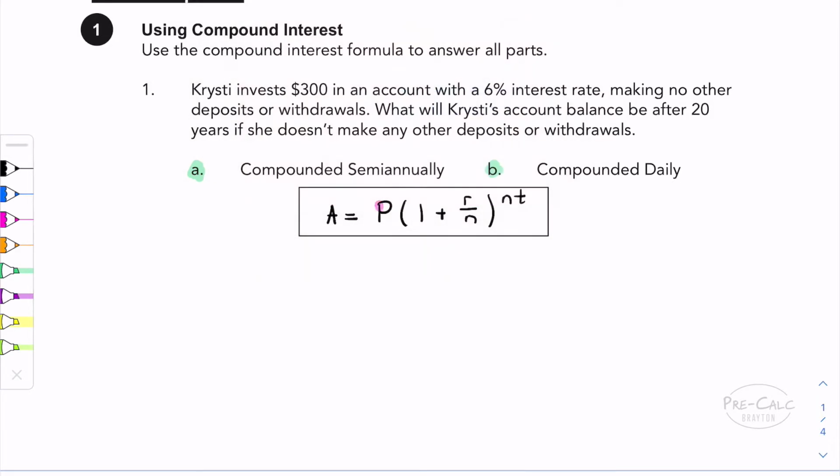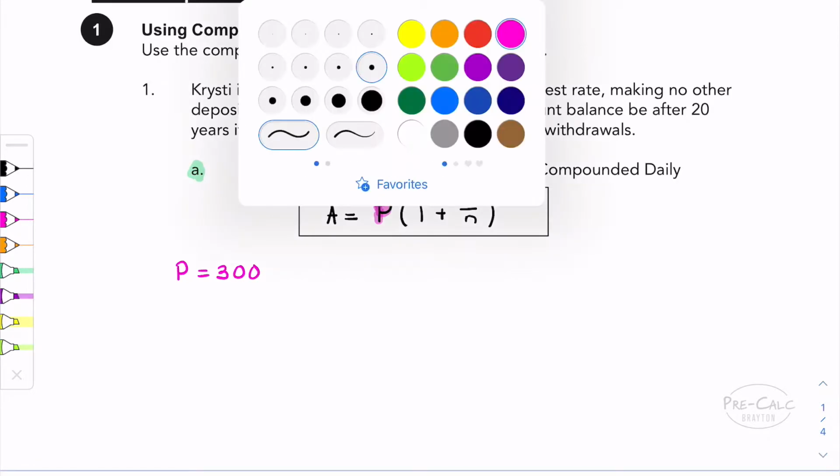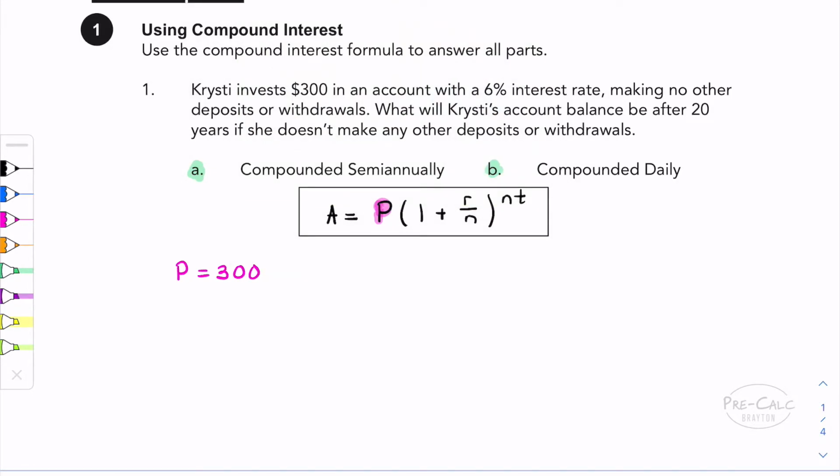The principal amount is what we're starting with. For compounded semi-annually, we're starting with $300. The rate is the percent interest rate that the account is using. Here we're using a 6% interest rate.